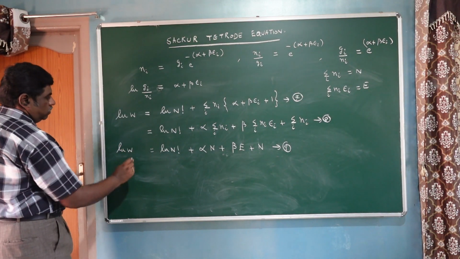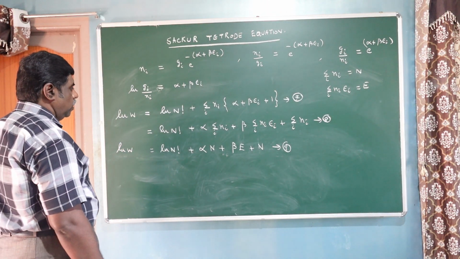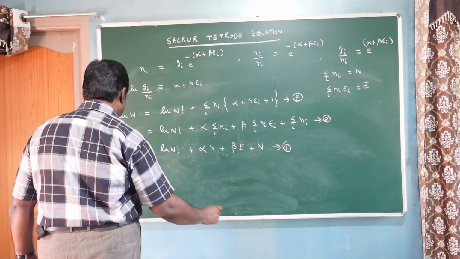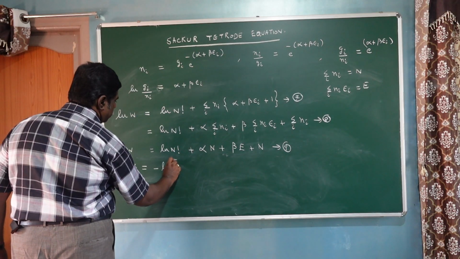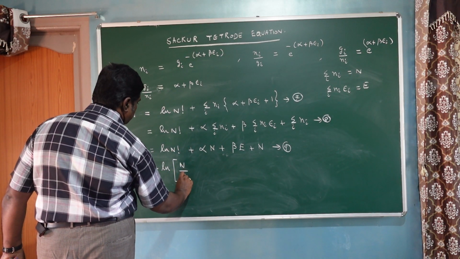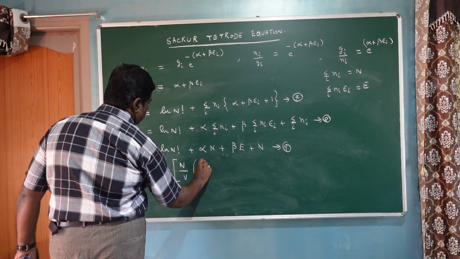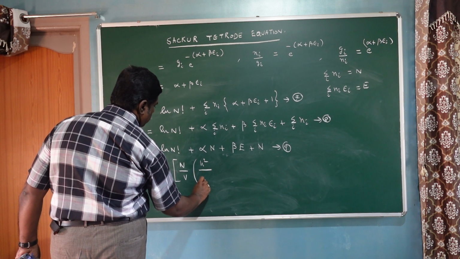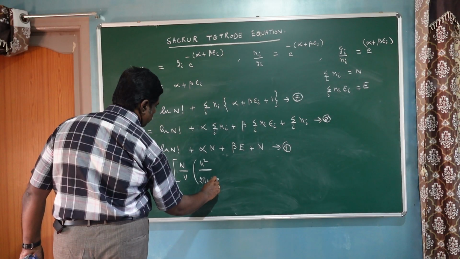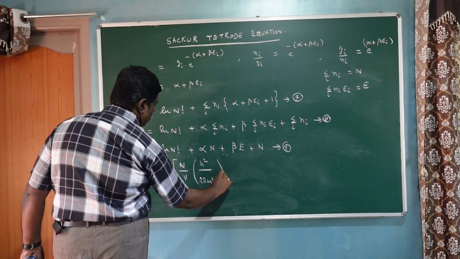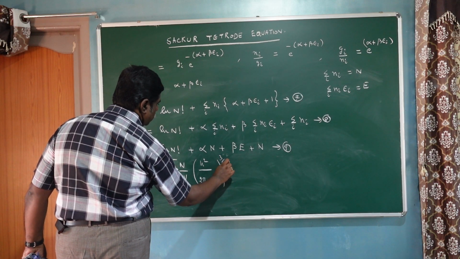Now we have to substitute the values of alpha, beta and E. Alpha is minus ln of N by V times (h square divided by 2 pi m kT) power 3 by 2.